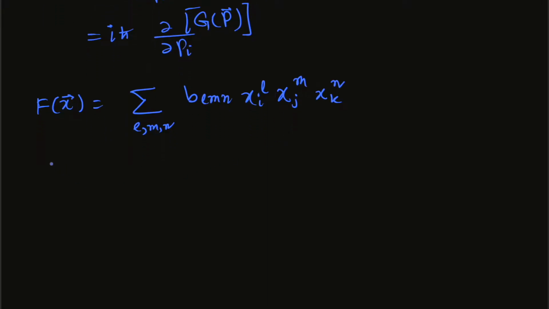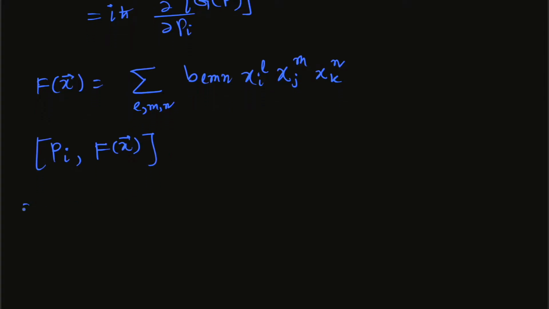Now we have [p_i, f(x)], which will be equal to the sum over l, m, n. Since b_lmn is a constant number, and a constant number commutes with any operator, we can write it as b_lmn [p_i, x_i^l x_j^m x_k^n].